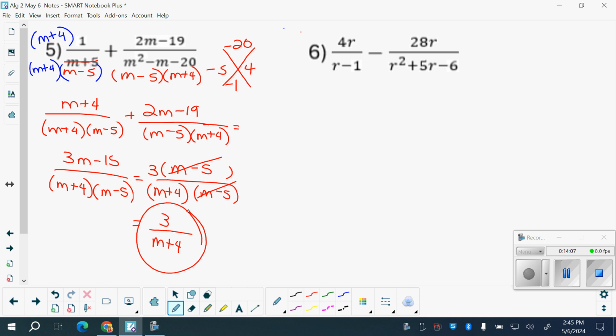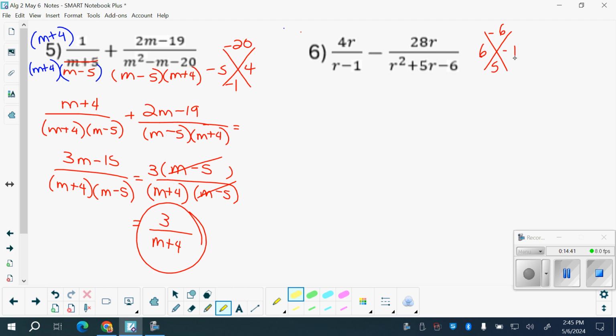We want to do on number 6. Can we factor this one here? Yeah, how does it factor? We're going to make our x. What multiplies to negative 6 that adds to 5? 6 and negative 1.